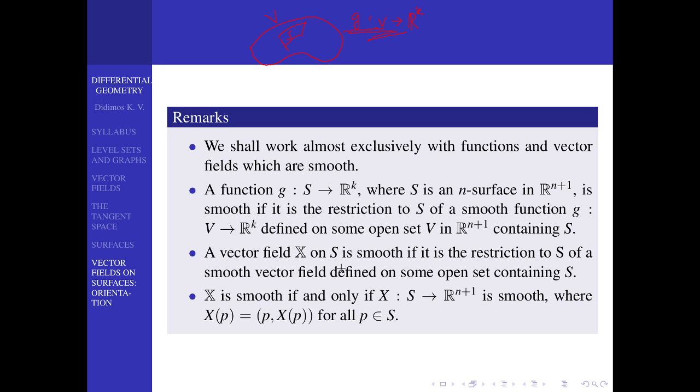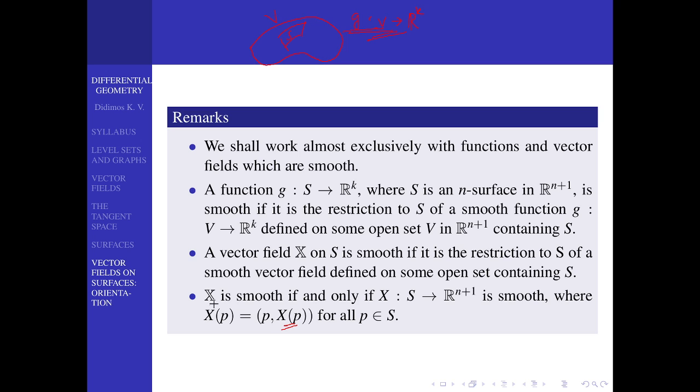A vector field X on S is smooth if it is the restriction to S of a smooth vector field defined on some open set containing S. X is smooth if and only if the corresponding mapping function X is smooth.